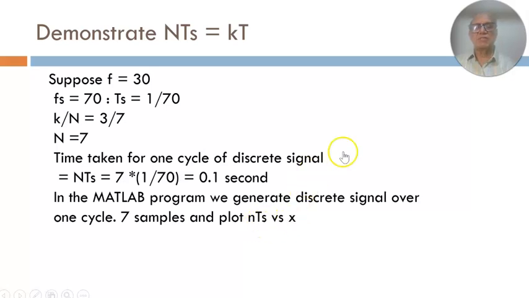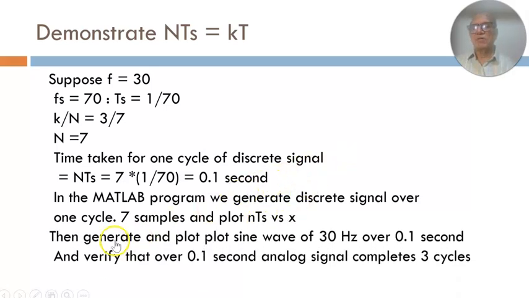So you plot this versus x. Then you generate and plot sine wave of 30 Hertz over 0.1 second and verify that over 0.1 second analog signal completes 3 cycles. So this is the general technique. Given f and fs, this is how you proceed. I have taken one example, but you could change this and verify this for other values as well.